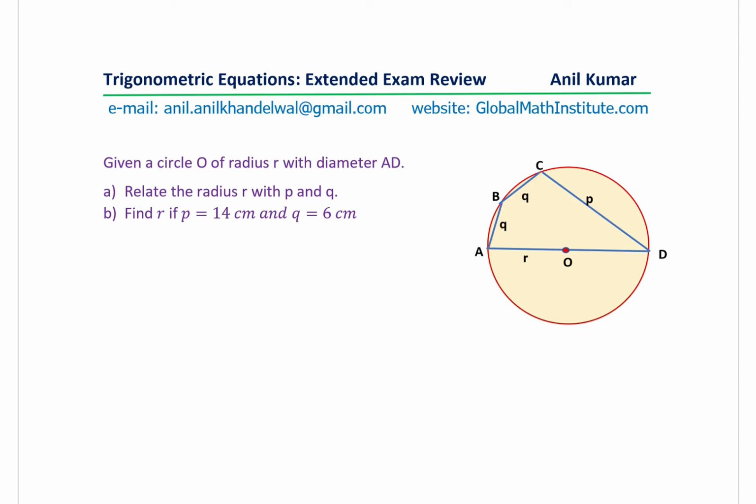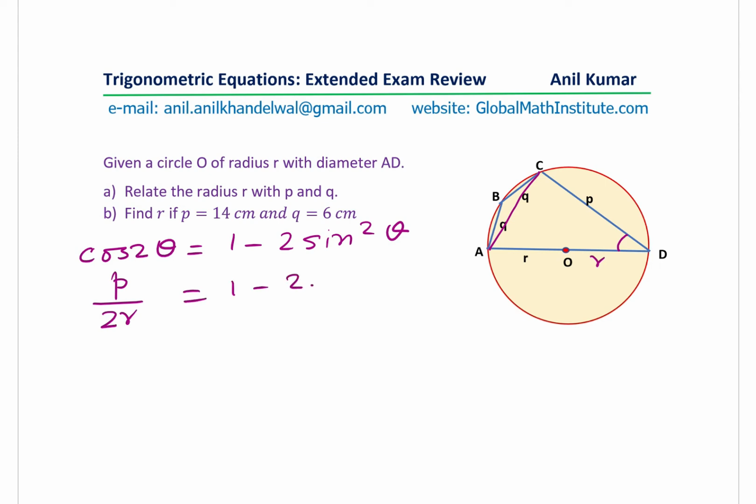So we had this relation that cos 2 theta is equal to 1 minus 2 sine square theta. Looking from this angle at the bigger triangle, cos 2 theta is P over 2R. So we can write P over 2R equals 1 minus 2 times sine square theta.